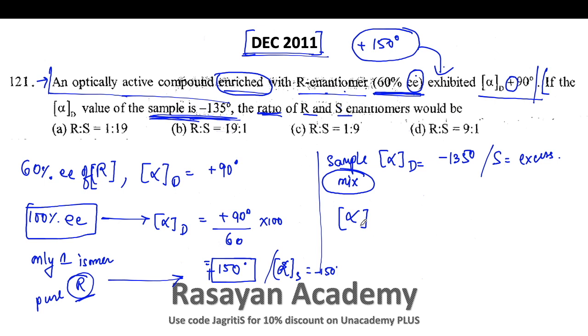So how do you find out the enantiomeric excess or optical purity?